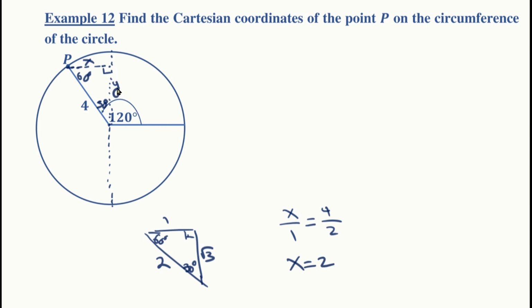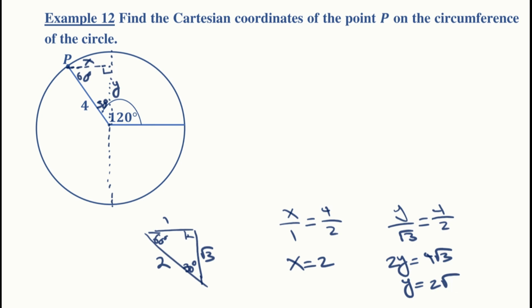Now I know y is going to be to square root of 3 as 4 is to 2 as well. So if we cross multiply, we get 2y equals 4 radical 3, so y equals 2 radical 3.